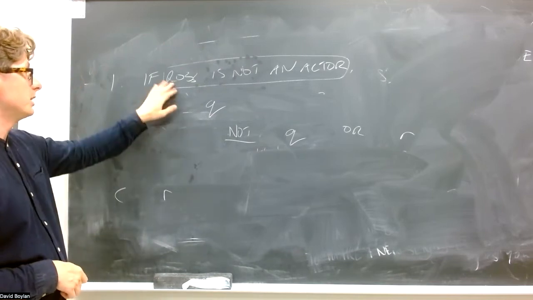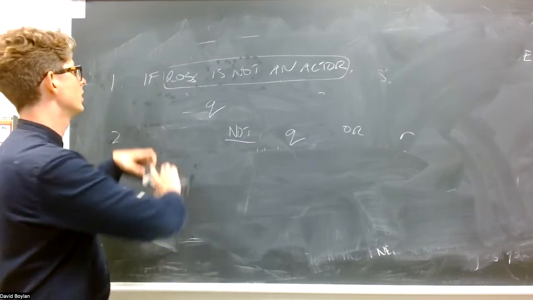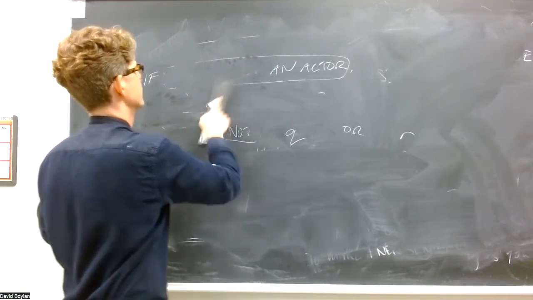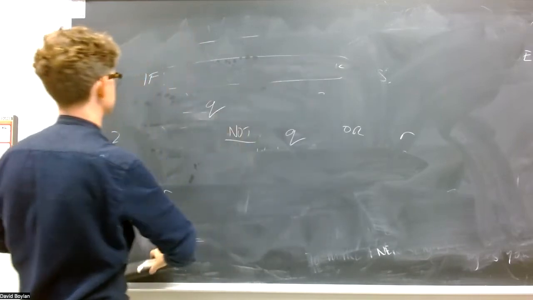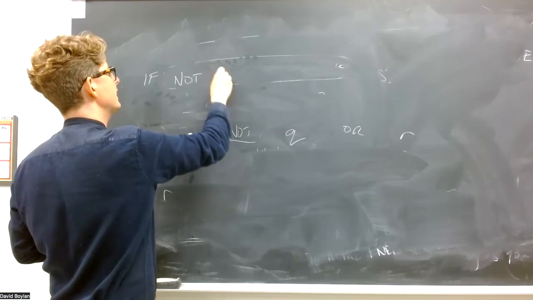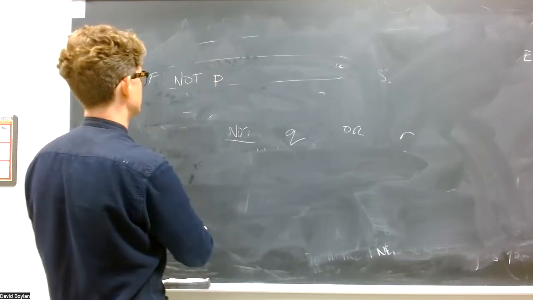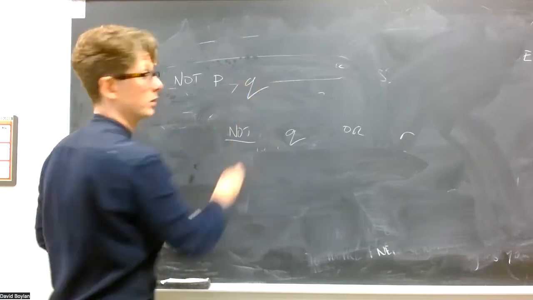And then finally, we need to do the same thing with the last one. Ross is not an actor. Again, we've got to be careful to keep the not. I'll put it back in a second. I'm going to replace that with P. And so the form of the argument is this. I'll just move it around so that it's sort of aligned.